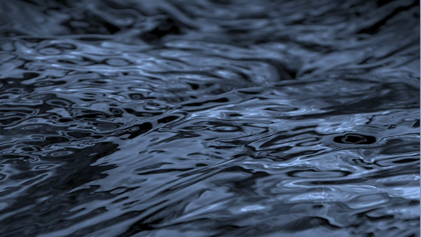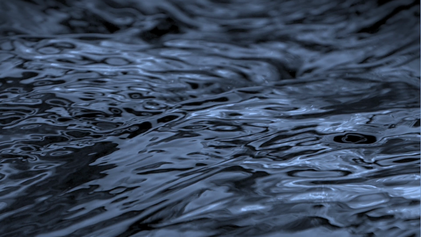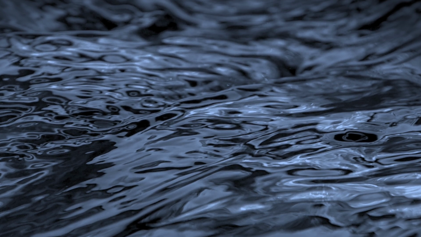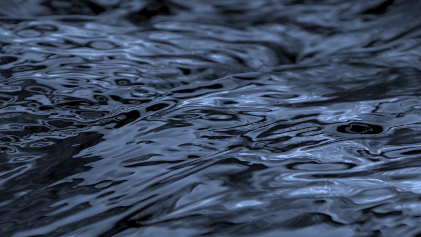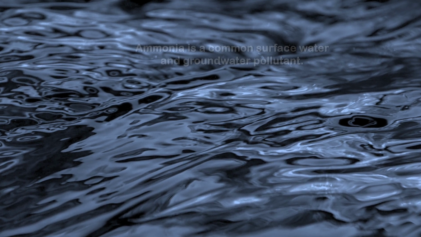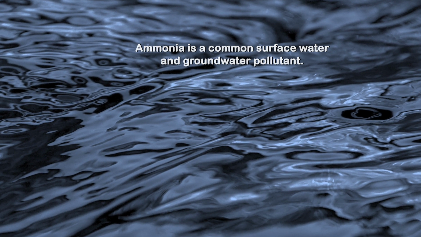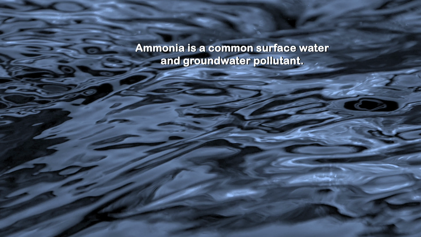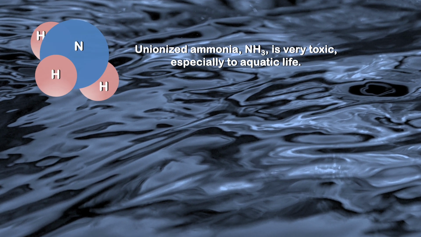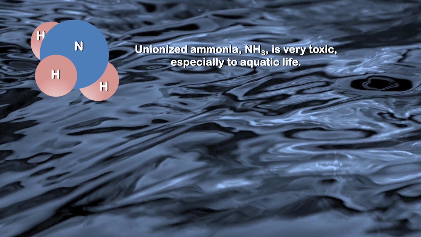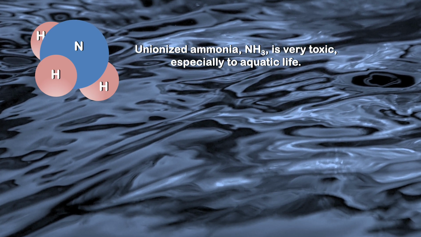To illustrate how pH can influence the behavior of pollutants in water, consider two common pollutants. First ammonia and then phosphorus. Ammonia is a common surface water and groundwater pollutant. The neutral unionized form of ammonia, NH3, is very toxic, especially to aquatic life.